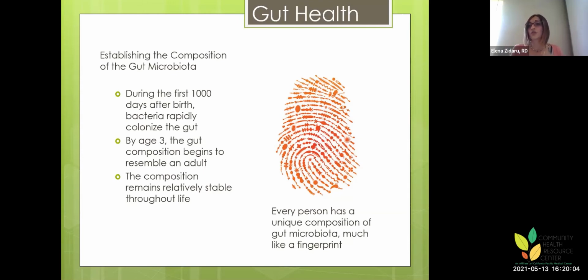So the composition will remain relatively stable throughout lifetime. Again, some changes can happen, but it would not change completely. So you develop that fingerprint of your gut microbiome by age 3.